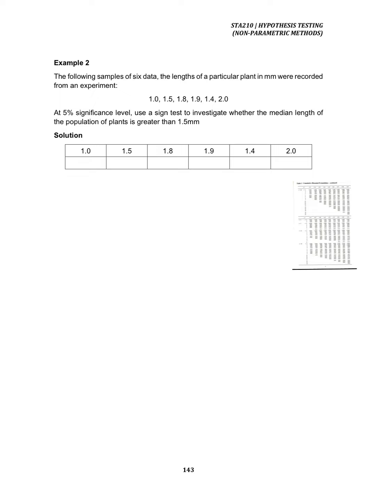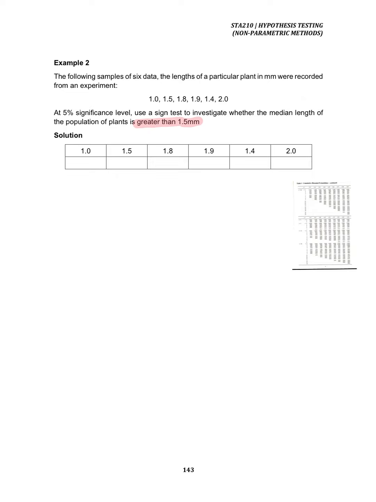Okay, now let's take a look into example 2. The following sample of 6 data, the length of a particular plant in millimeter were recorded from an experiment. So we have 1, 2, 3, 4, 5, 6 observations here. So at 5% significance level, use a sign test to investigate whether the median length of the population of plant is greater than 1.5 mm.